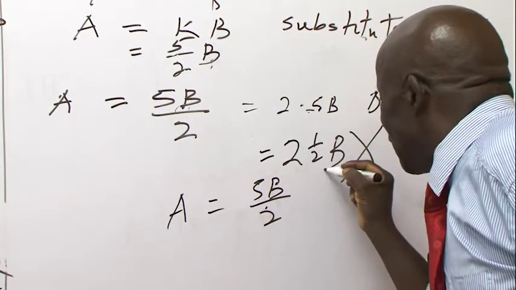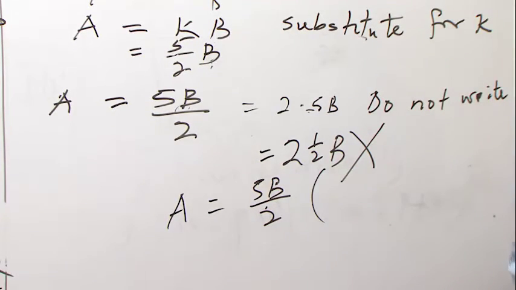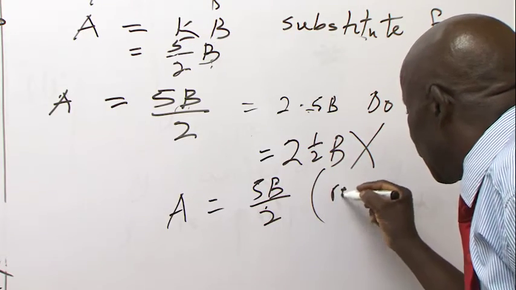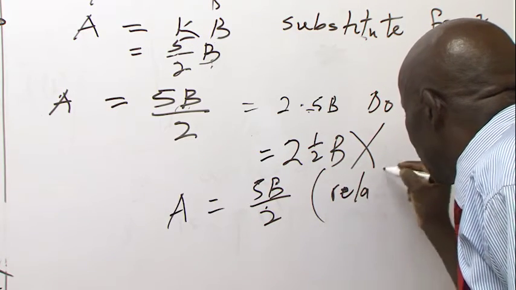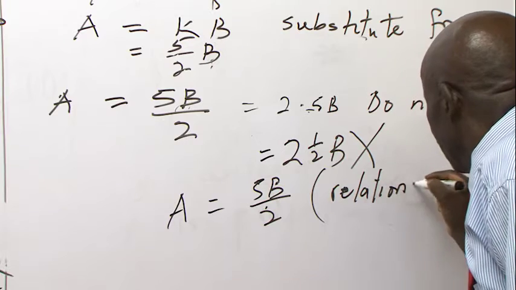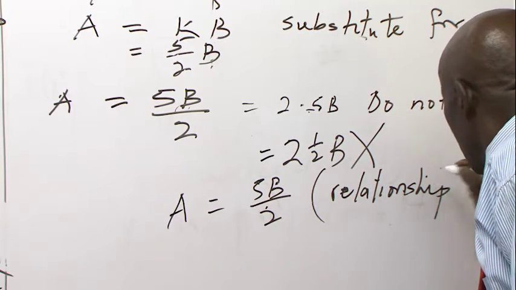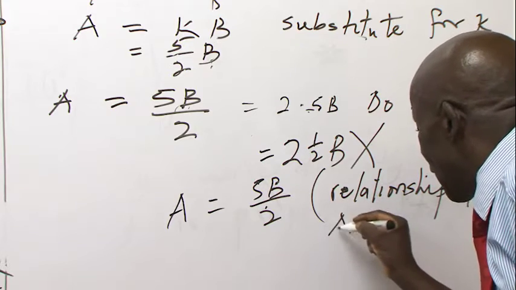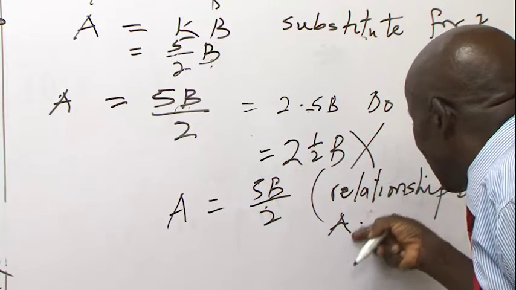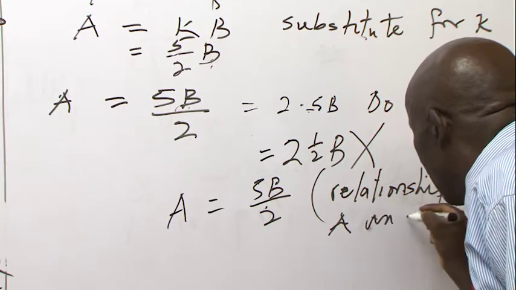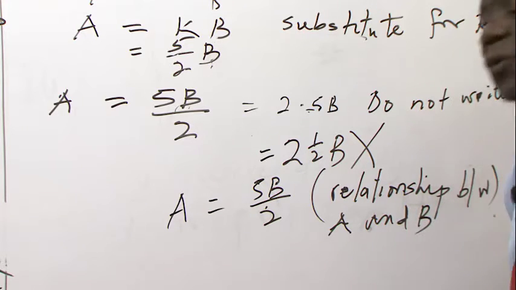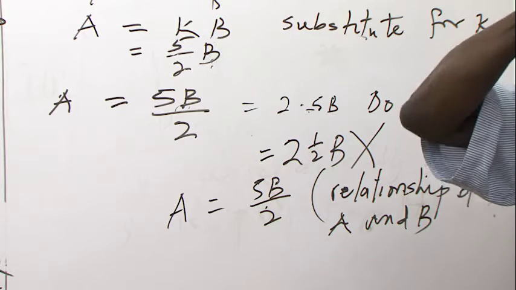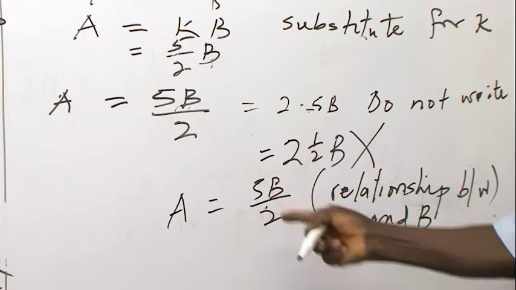This is what we call the relationship between A and B, or the equation connecting A and B. If they ask you to write down the equation connecting A and B, this is the correct equation.